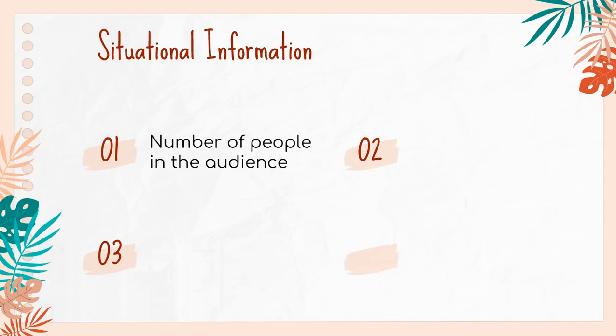It's very important since it will give you the idea what kind of equipment you will be needing when delivering your speech: if it's necessary to prepare a visual aid or not, and if you need a large sound system so that the audience can properly hear your voice during your speech delivery.